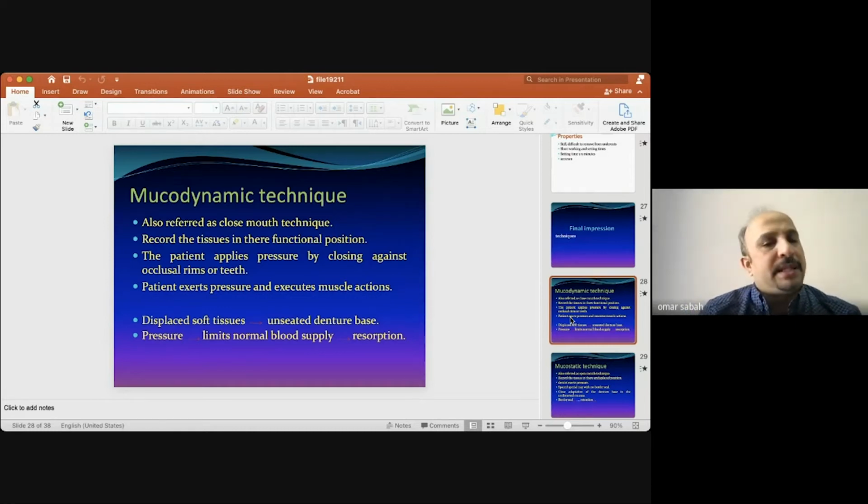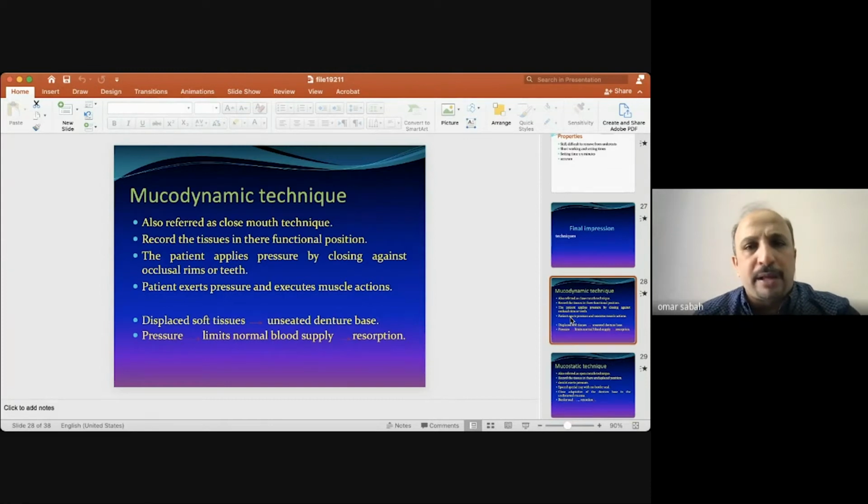So how is this technique done? After I put the material inside the patient's mouth, if the patient has opposing teeth, or single dentures, I just need to take it for the upper; or I have upper and lower complete dentures, and I have an occlusal rim. What does occlusal rim mean? After you take the final impressions, you will fabricate the occlusal rims.